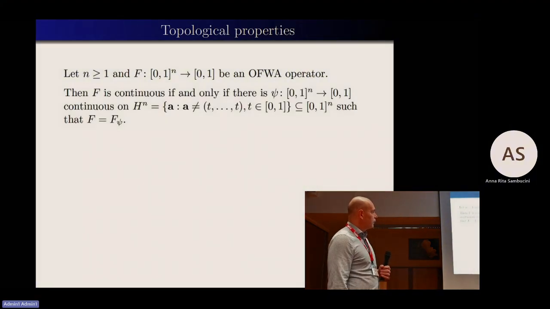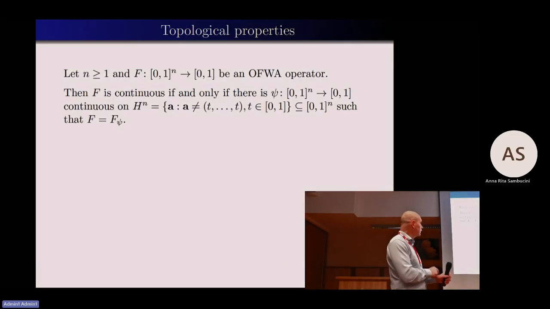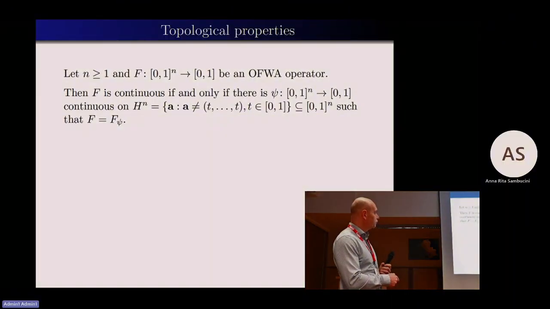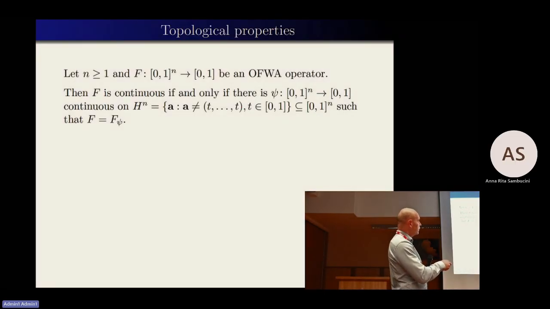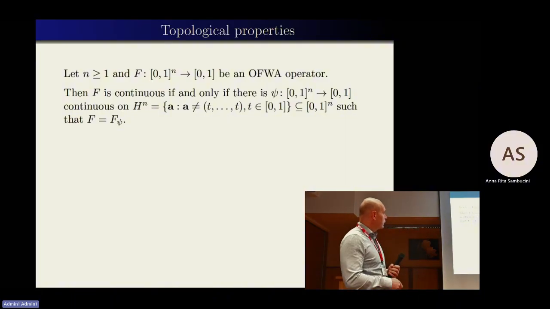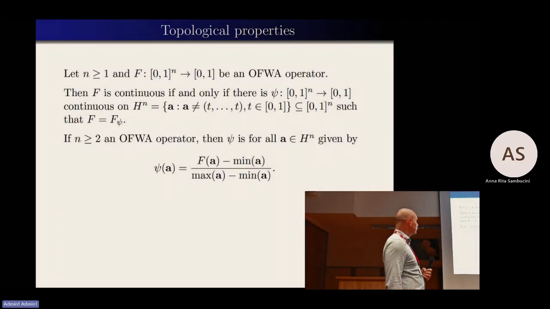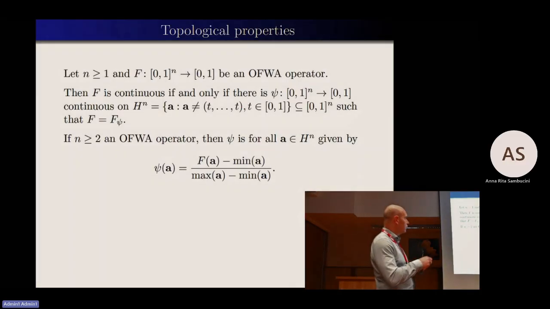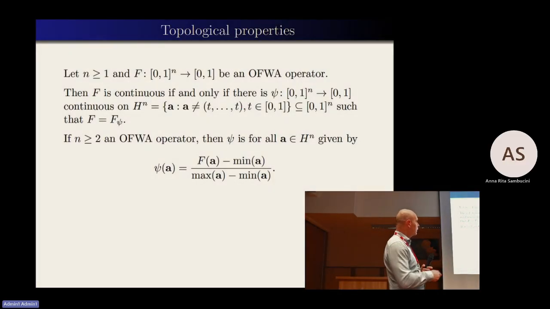And we can ask under which conditions the result is continuous. So if we have f as a result of this, it is an OAF operator, and it is represented by one single function, then it is continuous if and only if the corresponding function is continuous on this set Hn. It means the whole cube without the diagonal.